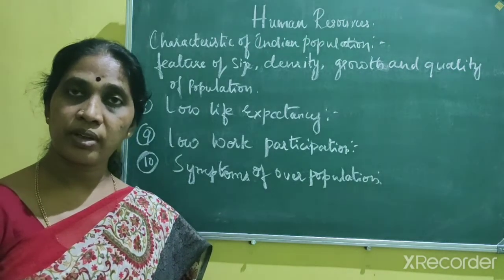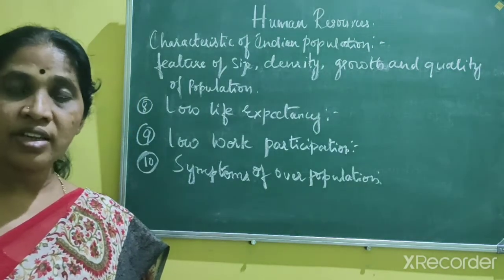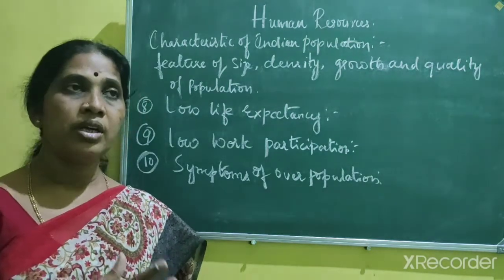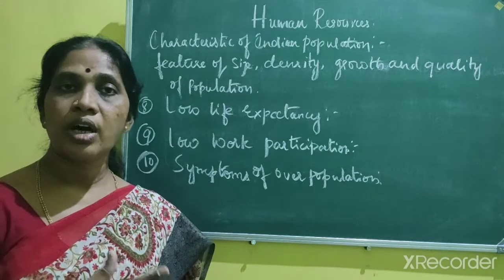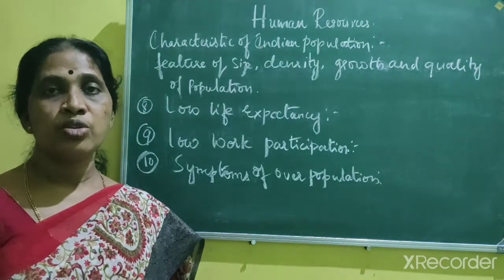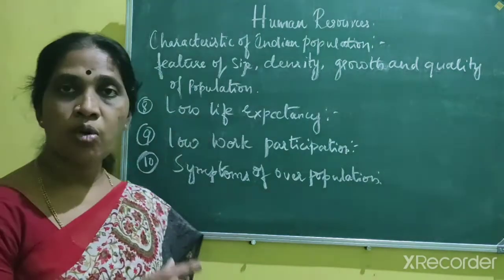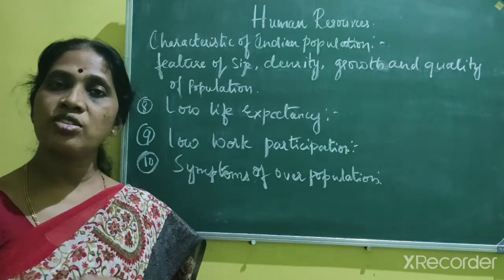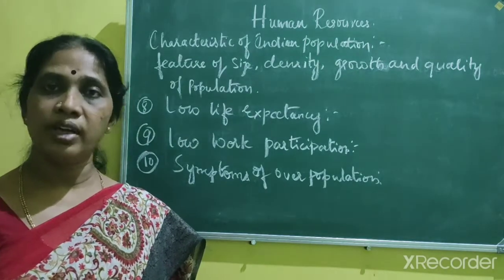That means the individual income will be very less, and this will bring down the standard of living of the people, and also lead to unemployment and even underemployment. So the symptom of overpopulation indicates that our population size has crossed the optimum limits.